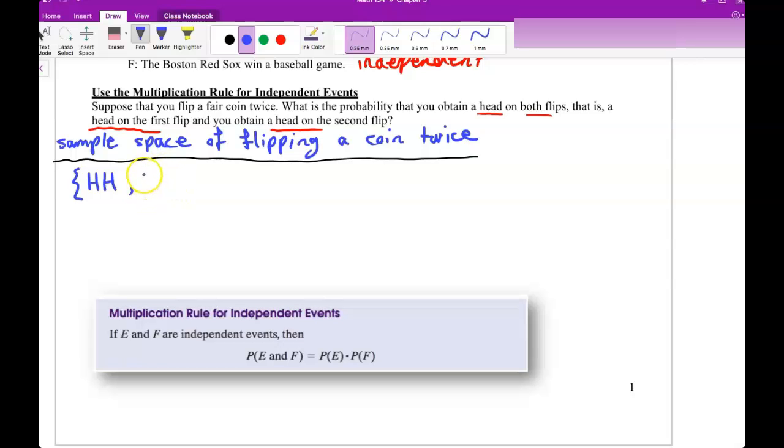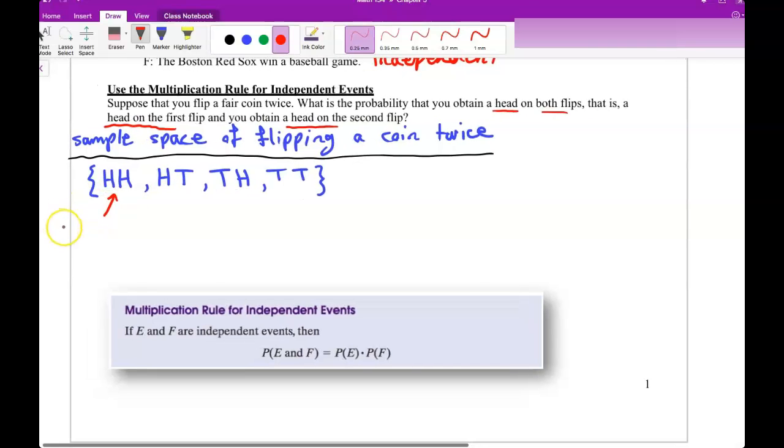This is another one. On first try, head. Second try, tail. Another one, I can have the first try, tail, and second one, head. Or maybe we got both of these, tail. What we need on this part is, what is the probability that you obtain both of these heads? So we need this one. Head on both.